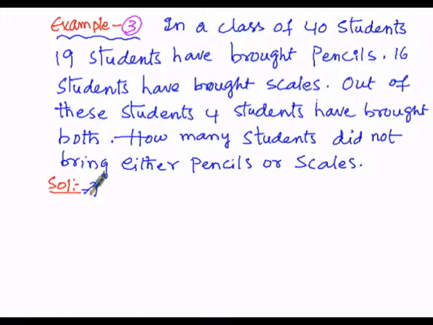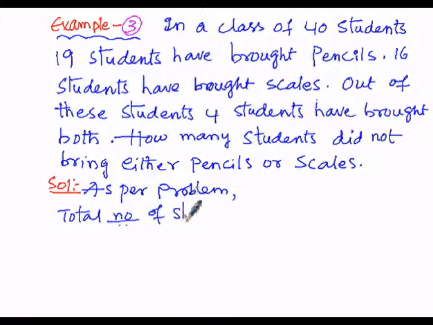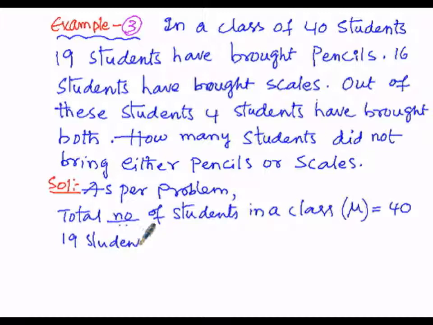As per the problem, the total number of students in the class, that is the universal set μ, is 40. 19 students have brought pencils. Mathematically, the number of students who brought pencils is 19.